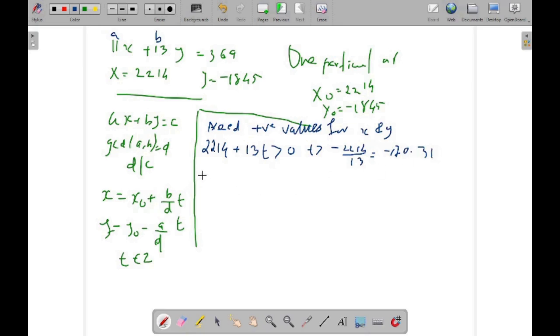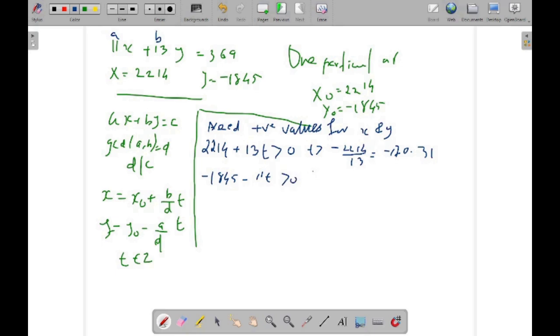Then coming to y, our y is minus 1845 minus a into t, where a is 11 and d is 1, and this should be greater than 0.